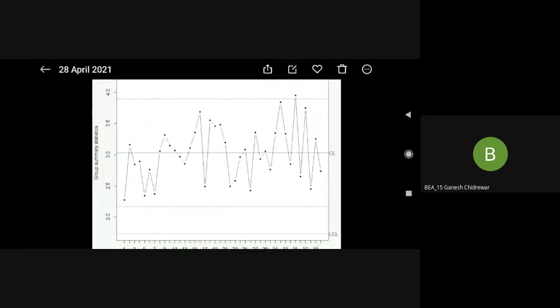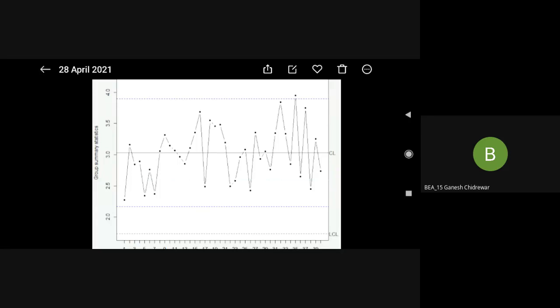Number of charts are giving the same information. For example, in our college one FFT analyzer is there. What is the main purpose of that FFT analyzer? Fast Fourier transformation. This is nothing but a vibration measurement machine, present in our vibration lab.